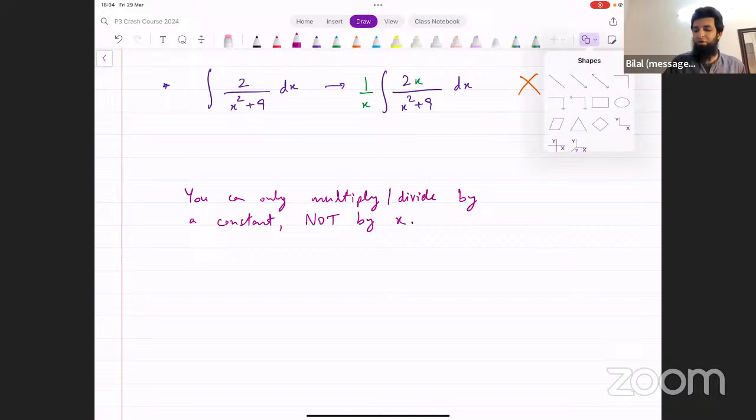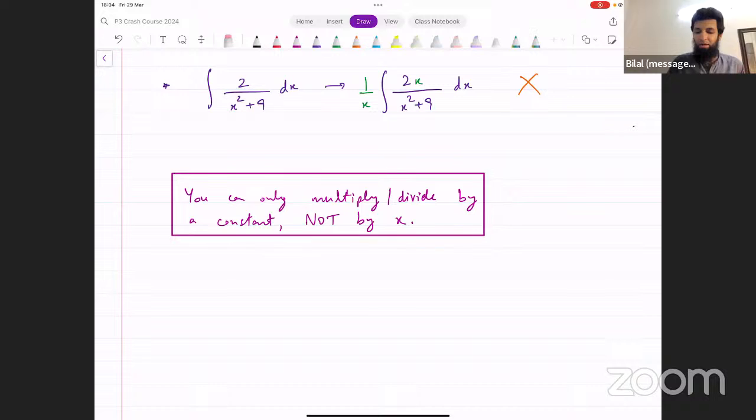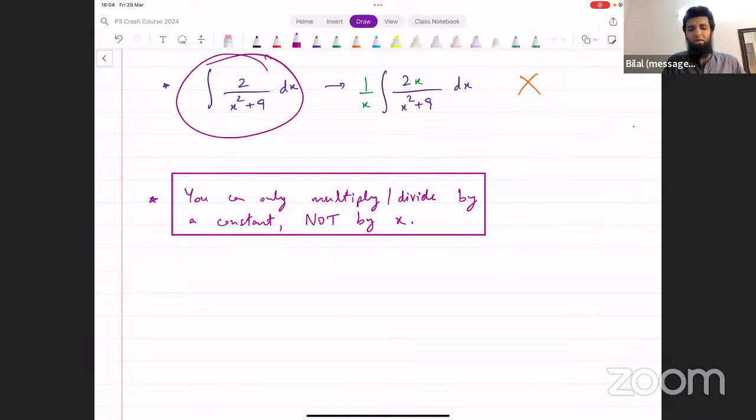Okay? In order to convert to that form, you can only multiply and divide by a constant. You can't do multiplication and division by a variable. Okay? Not by x. Is that okay? And we will see later, this will actually be done using another rule. The ln rule does not work here. We'll have to use another rule for this, which we'll discuss tomorrow, inshallah.